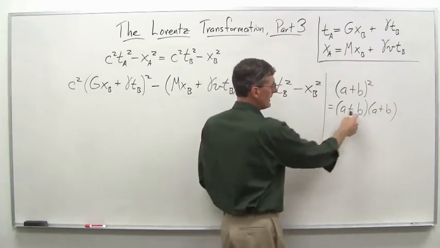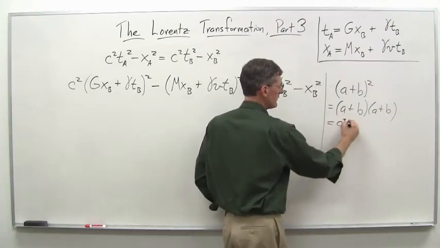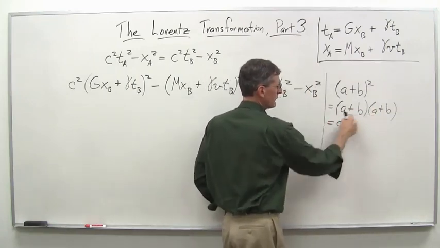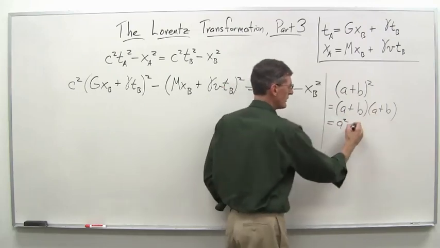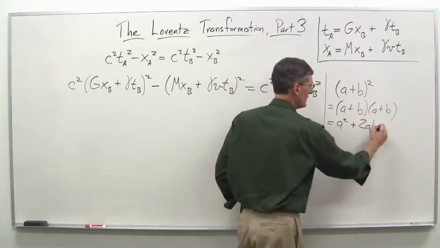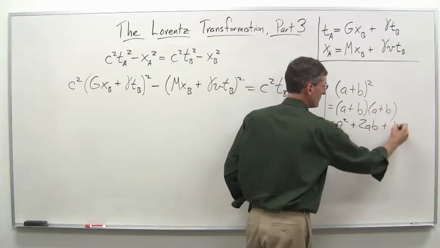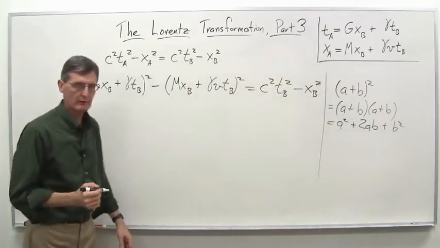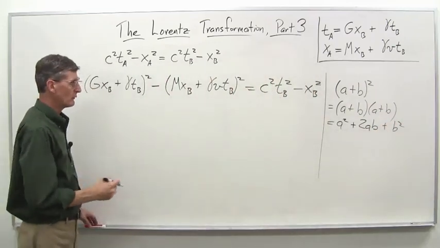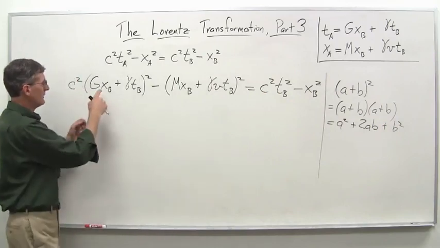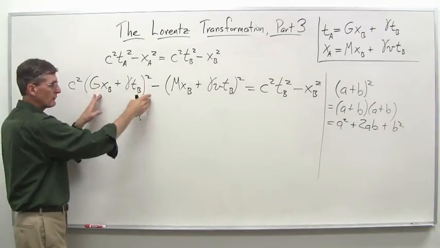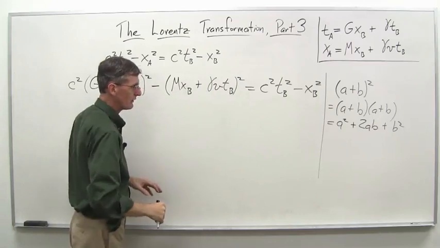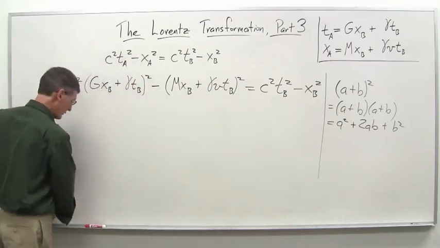And so you get a times a is a squared, plus b a, and then an a b, so I actually get 2 times a b, and then plus b squared. So if you dredge your mathematical memory, you may remember something like that. We're going to use that. Clearly, we have an a plus b quantity squared, and we've got another a plus b quantity squared, and we'll see where we go with that.